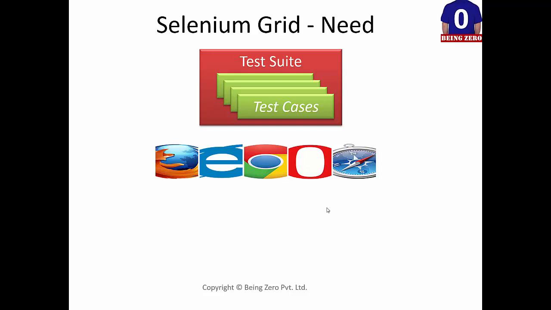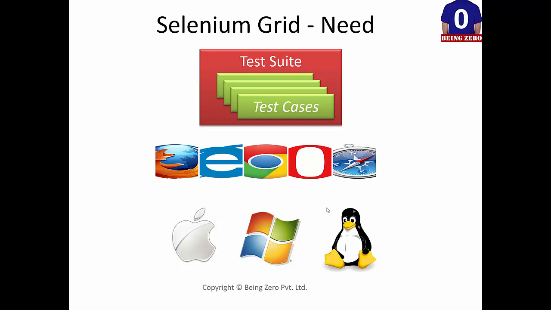So now the test matrix is tripling up, because we are talking about 3 different operating systems on which we should be running our tests, with this configuration of browsers.